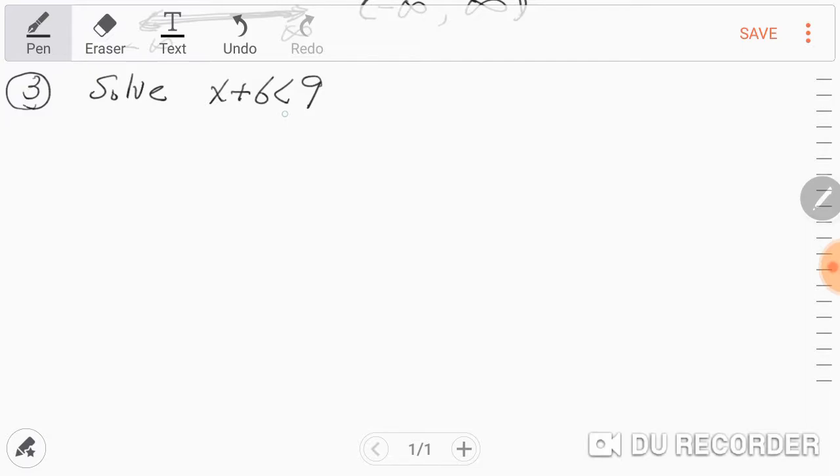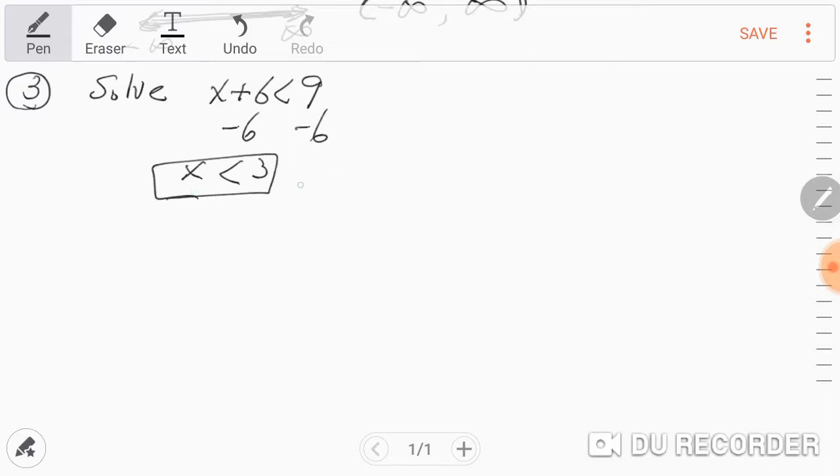So just like solving equations, isolate x: collect all the x terms on one side and move the constant terms to the other side. In this case, we get rid of plus 6, so subtract 6 from each side. Then x is less than 9 minus 6, which is 3. So this is the solution.